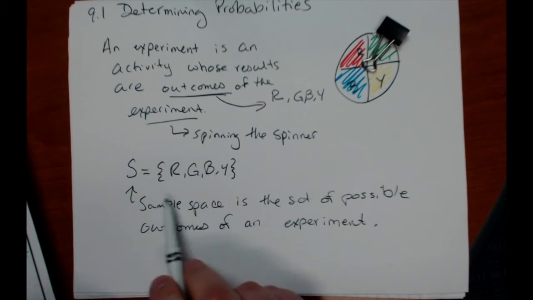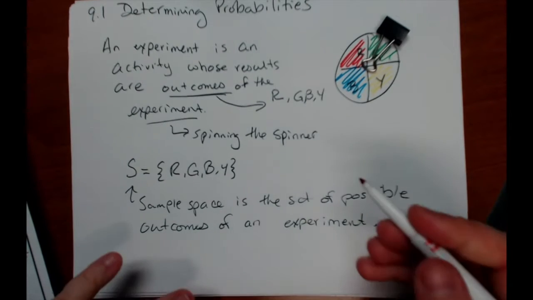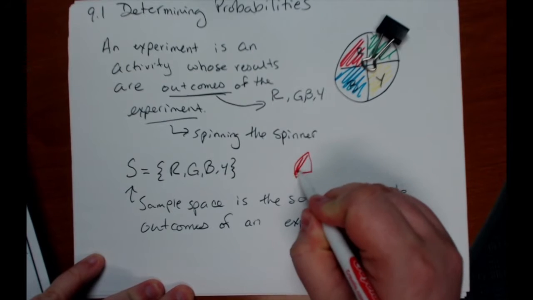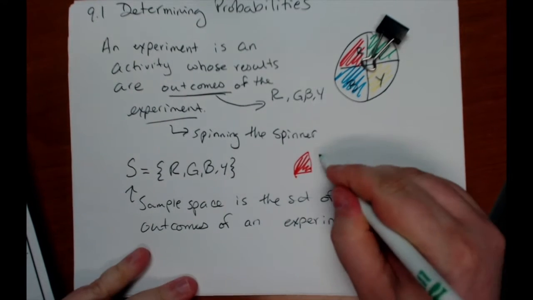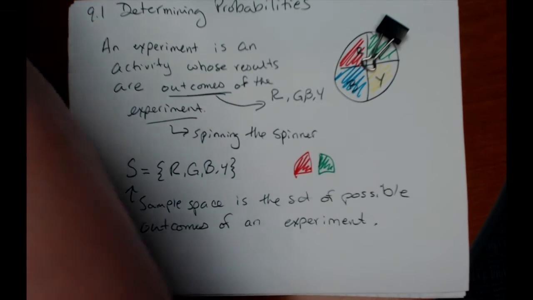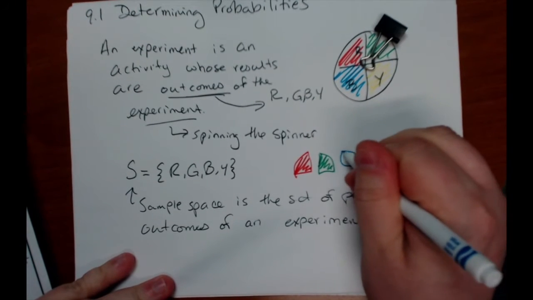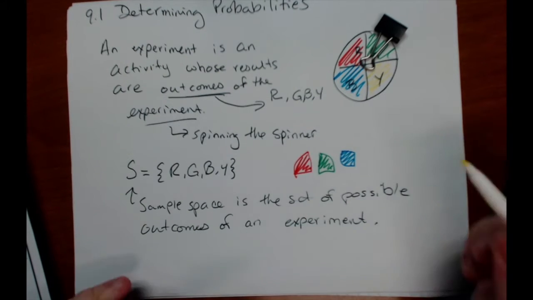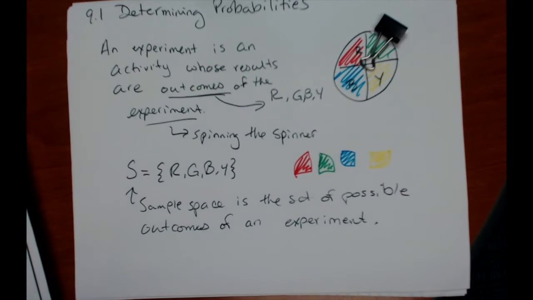And in addition to writing it kind of in this set way, we could also use a diagram. So we could say that the sample space is our red quadrant, our green quadrant, our blue quadrant and our yellow quadrant. And if we would put those together, we would have a really rough looking circle.